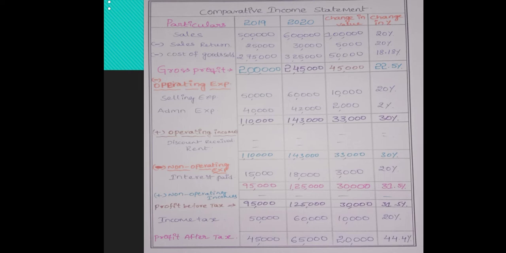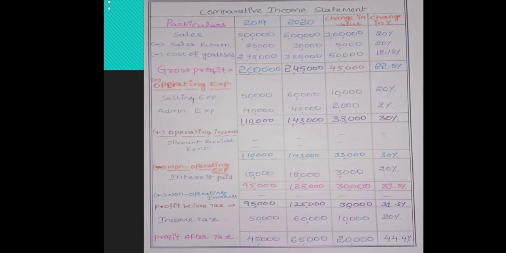Next, non-operating expenses also we need to deduct. So 1,10,000 minus 15,000 we get 95,000. Next, 1,43,000 and 18,000 deducted, 1,25,000 we will get. Next, the base year is 15,000, 18,000 is the current year. 18,000 minus 15,000 we get 3,000 as the change in value.